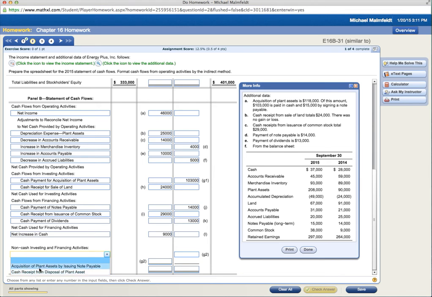Obviously, that's not a non-cash item. Do we have an acquisition of plant assets by issuing a note payable? Yes, we did. How much was that for? We had a $15,000 note payable there. So that's going to go in here. Total non-cash investing and financing activities. Just adding that number back in there again, 15,000.